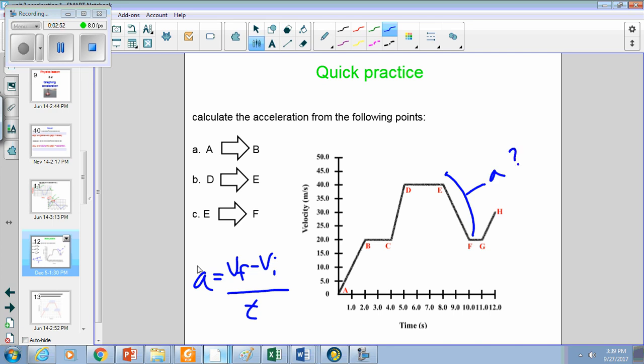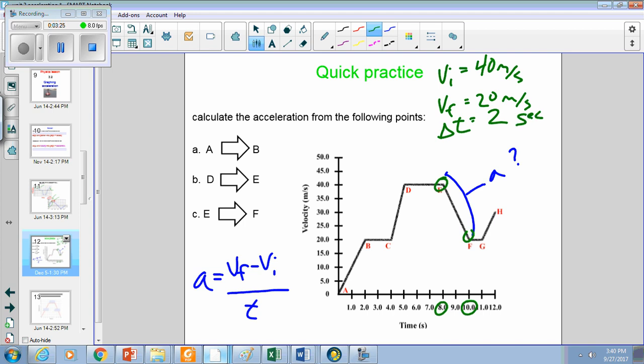So our initial velocity at E was 40 meters per second. Our final velocity is 20 meters per second. And the time change is from 8 seconds to 10 seconds, so delta T equals 2 seconds.